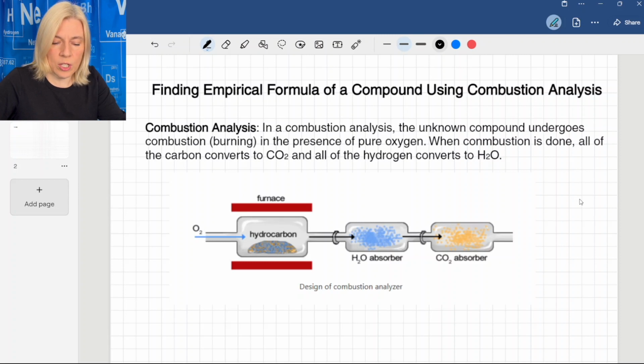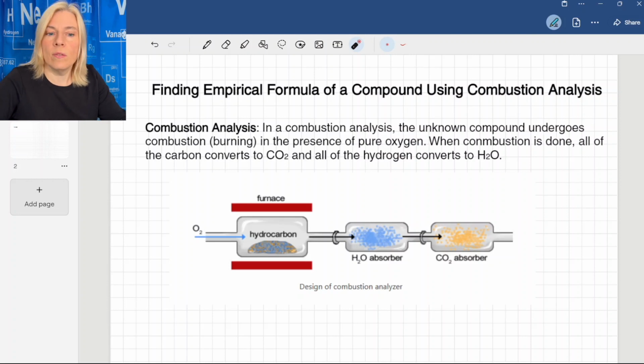And here is a picture of how it works. You put your sample, and oxygen is pumped in. You can see where the oxygen is pumped in. Here it is. And this hydrocarbon will be heated up, burning, and you're going to get water, and you're going to get carbon dioxide, and then the rest of it comes out.